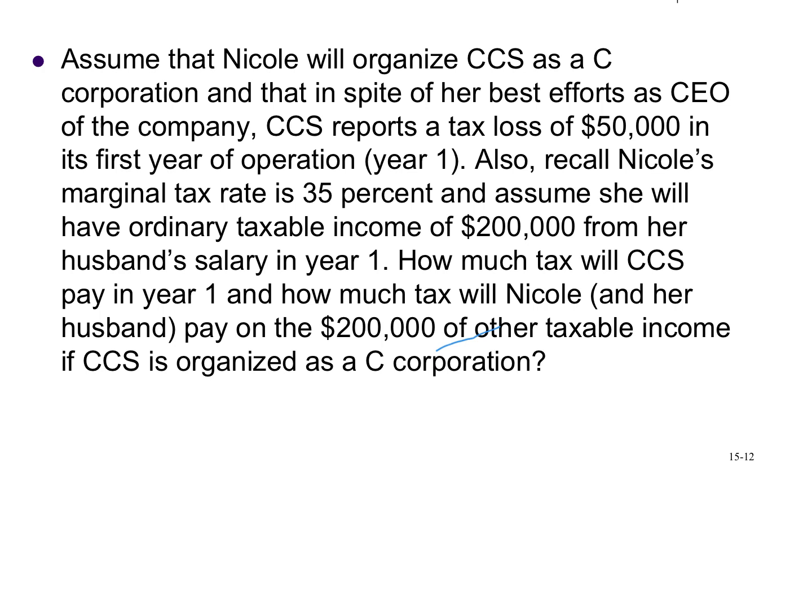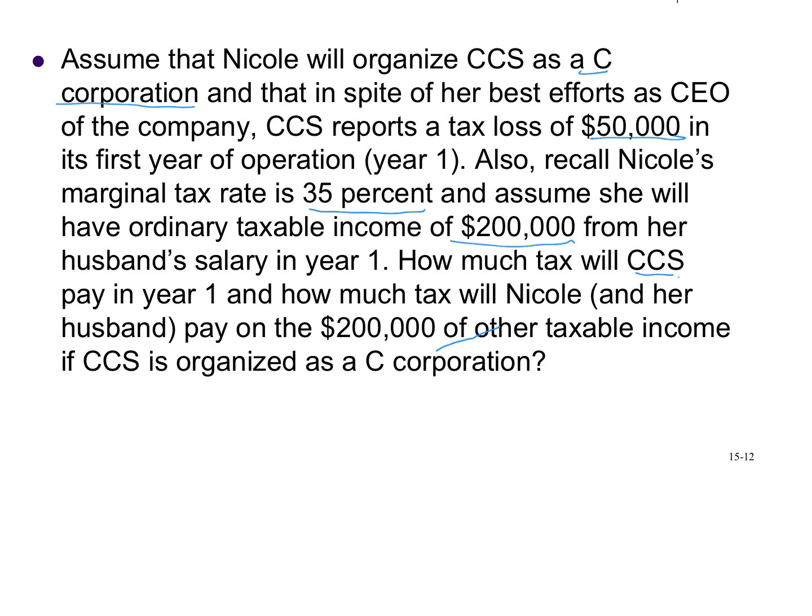We've got Nicole, and she's going to organize this business as a C corporation. And in spite of her best efforts as CEO, this C corporation has a loss of $50,000 in the first year of its operation. We're going to set Nicole's marginal rate at 35% and assume she has ordinary taxable income of $200,000 because she's married, filing jointly, and her husband has a salary.